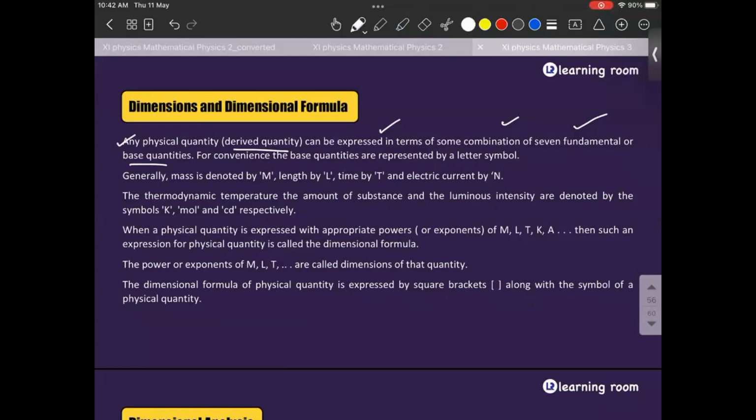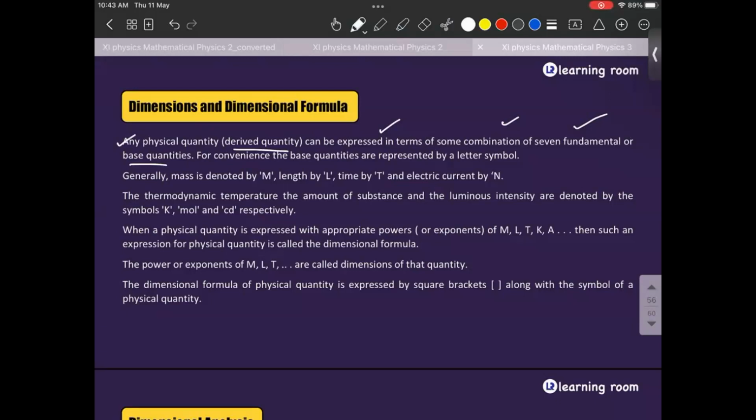Mass in SI unit is measured in kilogram, whereas in CGS it is measured in gram. So instead of that, in the dimensional formula I'll not be worried about which unit I'm talking about. I'm only going to see how many times the derived quantity I have in my hand depends on that particular fundamental quantity. Are you able to understand?